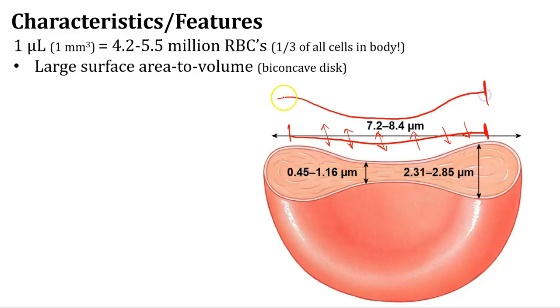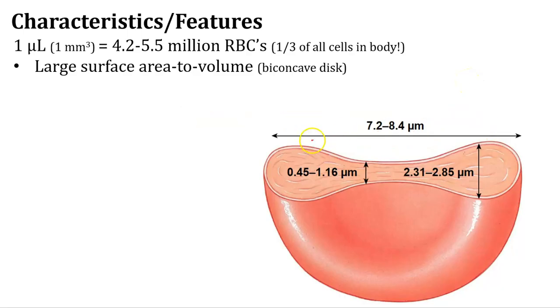Maybe you can't tell just from looking at it, but if I was to take this line and stretch it out, it would actually probably be this long. So when you curve a line, it increases the length of it, and adding this extra curve gives us more length to the cell than otherwise would be the case if it was just straight across.